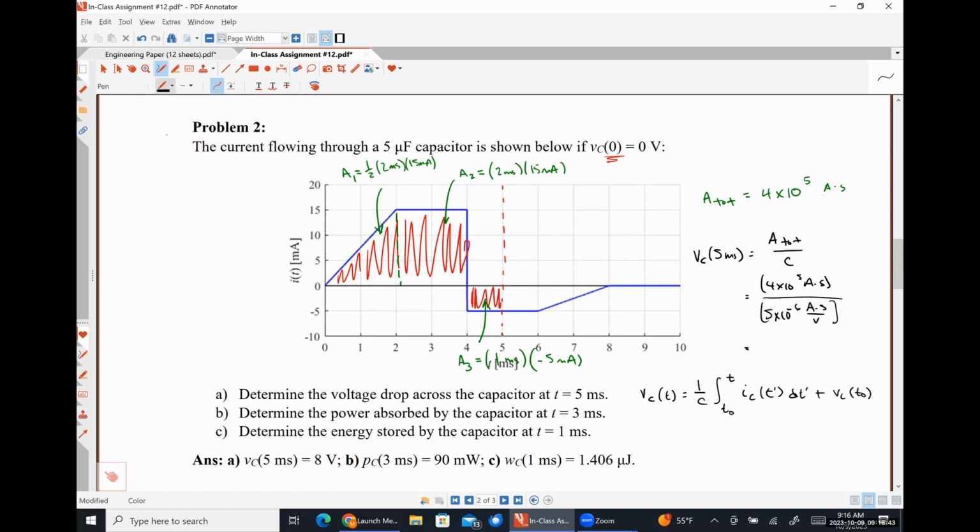And these amp seconds cancel these amp seconds. We have 1 over volts, which is just volts. And I apologize, that should be a minus 5 there. So divide this answer by 5 times 10 to the minus 6, and I get 8 volts.